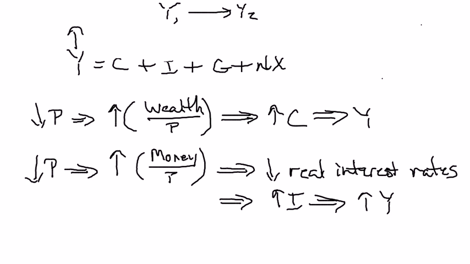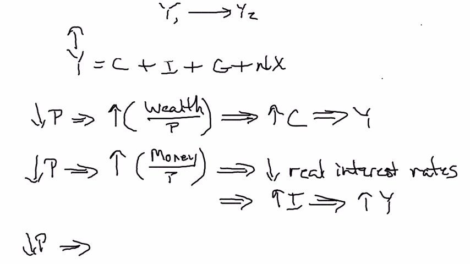The last way is if you decrease the price level of goods and services produced inside the United States, then essentially what you're saying is domestically produced goods and services have become cheaper than they were before because the price level has fallen. So let's say the price level falls in half. That means the price of automobiles produced in the U.S. falls in half. The price of everything produced in the U.S. falls in half.